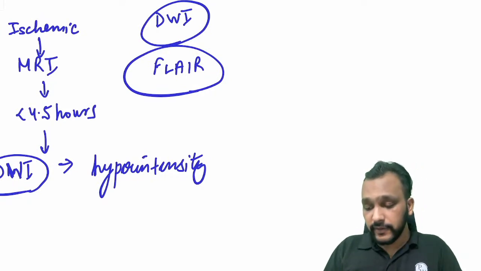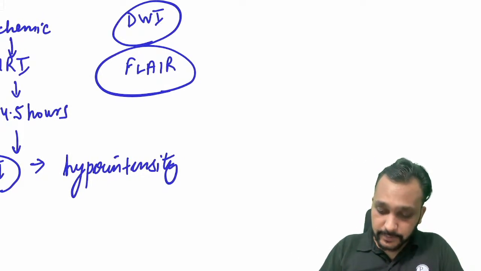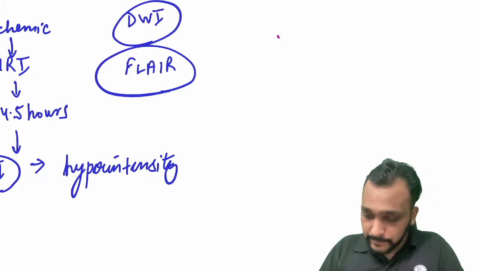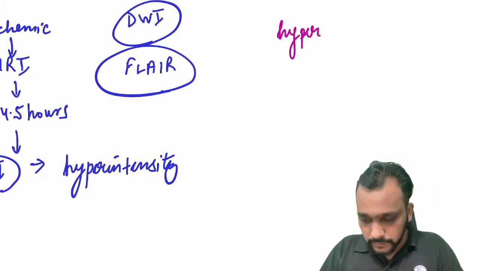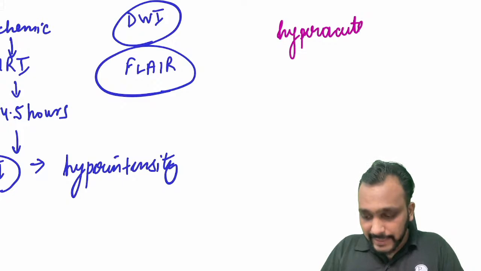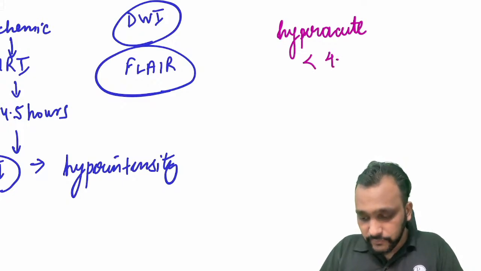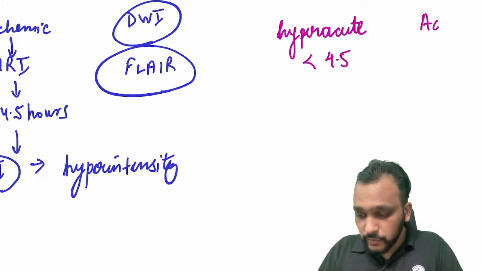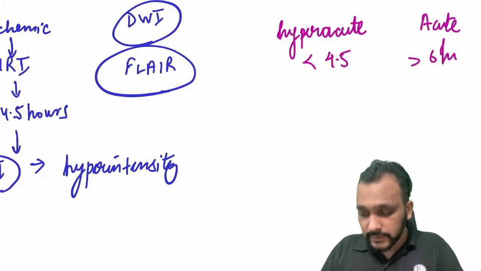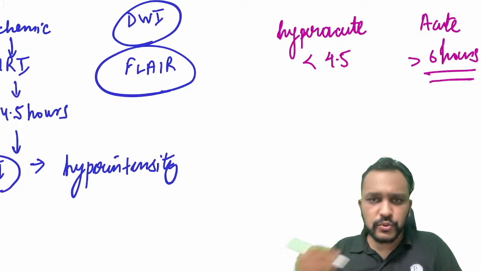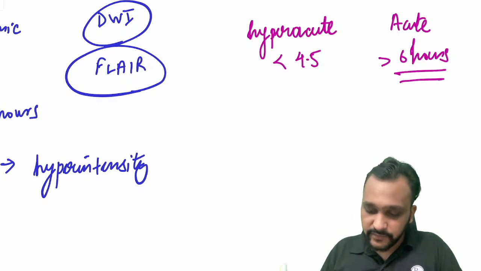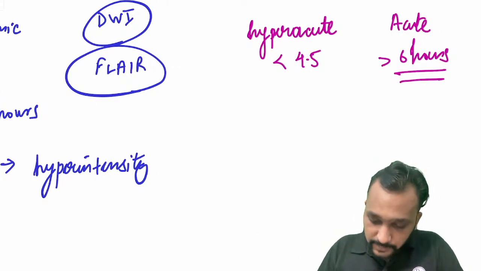So if I draw a table, one is a patient with hyperacute stroke that is presenting to us in less than 4.5 hours, and an acute stroke that is presenting to us in more than 6 hours, right? So let me first compare the imaging features on diffusion weighted images.